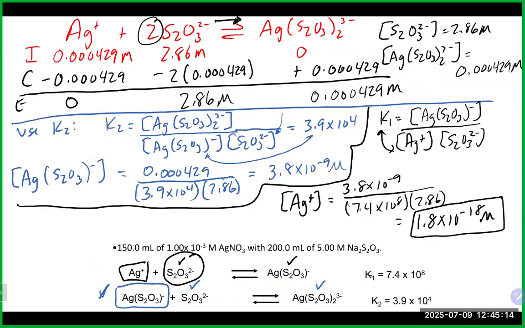So that's 2.9 to the 13. So 2.9 times 10 to the 13 is the Kf value that we got for the overall reaction. Just like we did previously, we could have just, after the first ice table, called this X and used now the overall reaction's K. And if I did that, that will give me my complex ion.